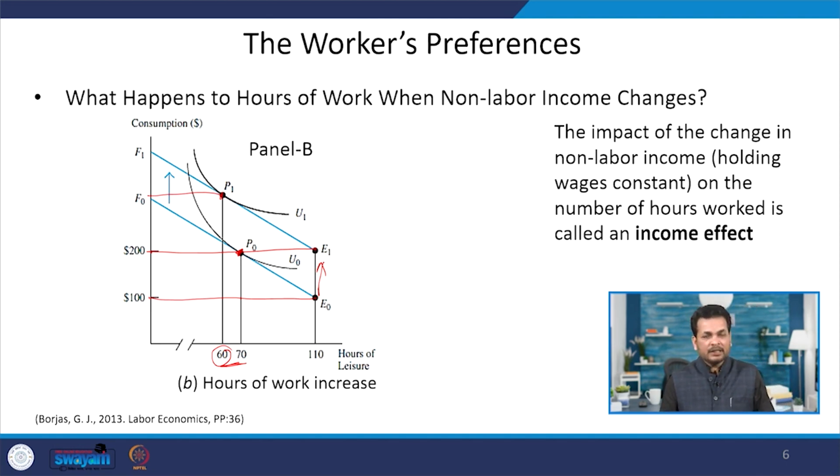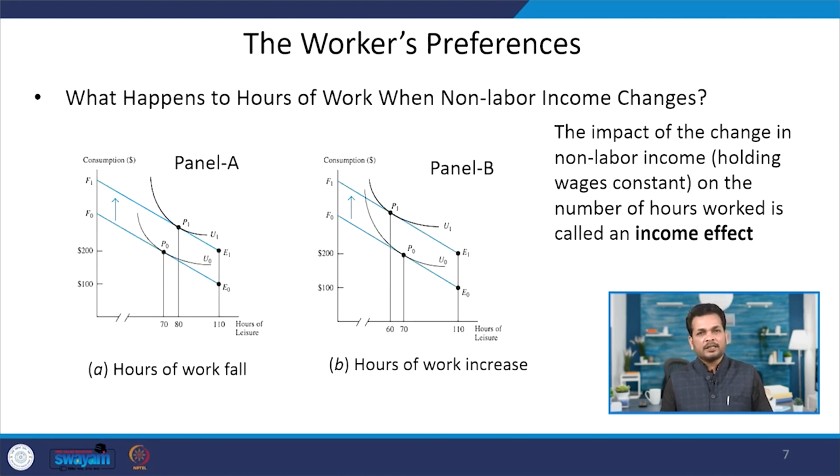So if you compare these two panels, in panel A you can see the leisure hours have increased from 70 to 80. In panel B, the leisure hours have decreased from 70 to 60.